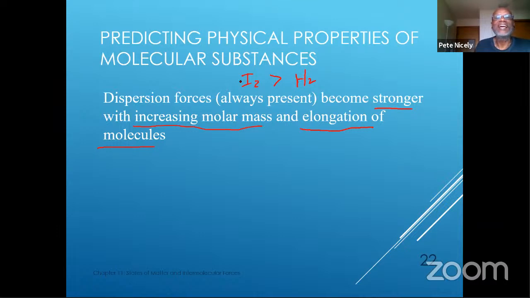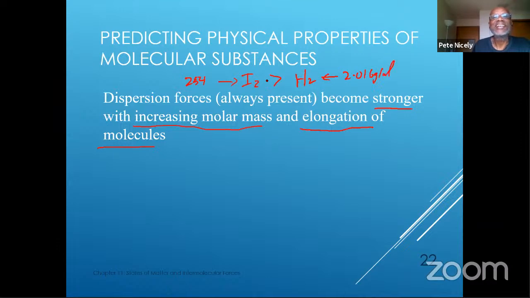The molar mass of iodine is much larger. Let me do a quick calculation here: 2 times 127. So the molar mass of iodine is 254 grams per mole. And in the case of hydrogen, the molar mass is 2.016 grams per mole. All right.